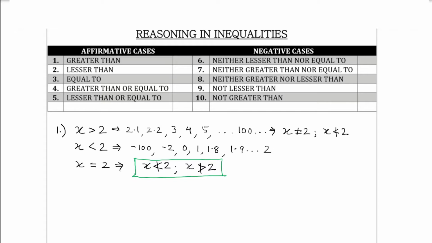The same analogy can be established for the second case. Strictly we are talking about all real numbers lesser than 2. In that case, we are not talking about 2, and at the same time we are not talking about a real number being greater than 2.